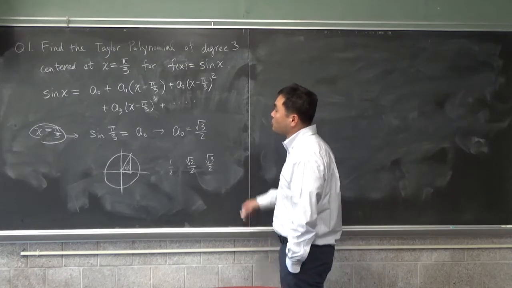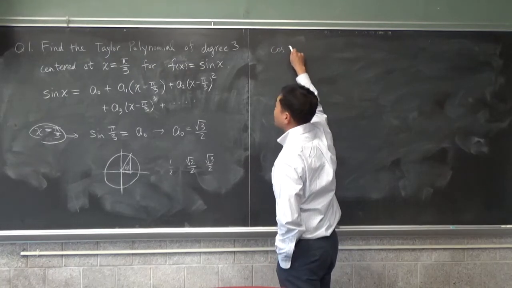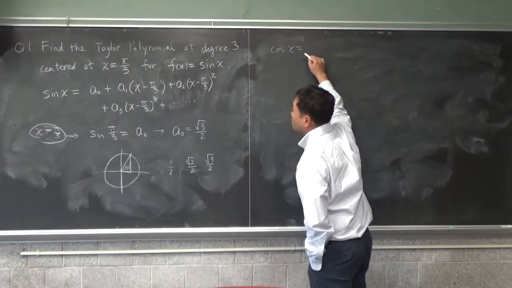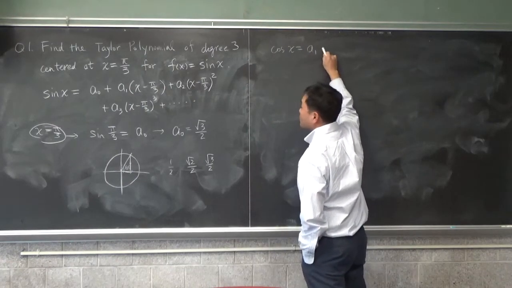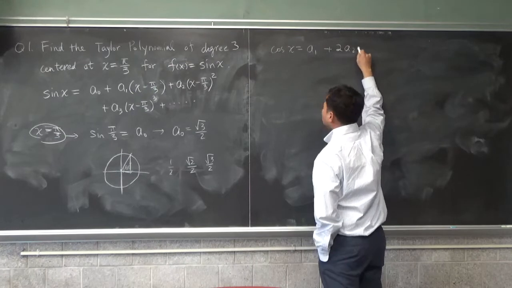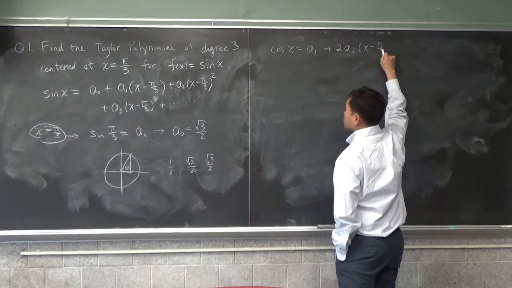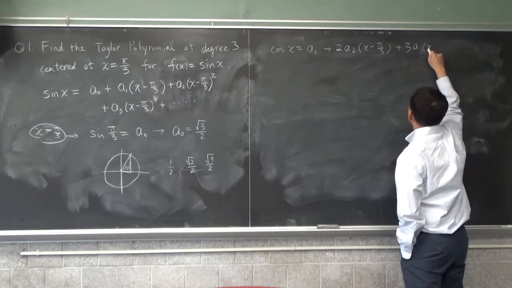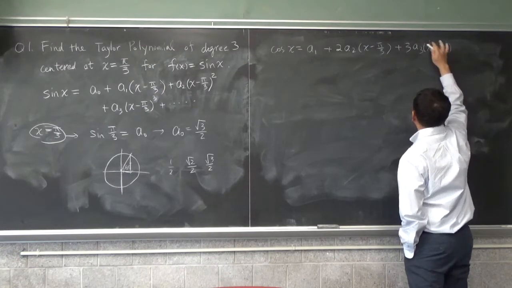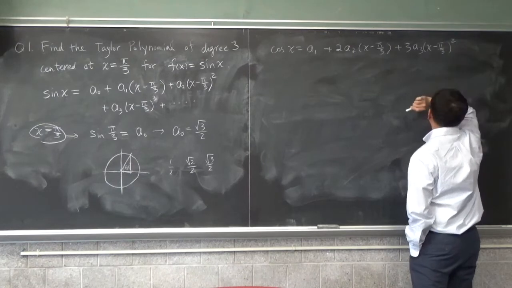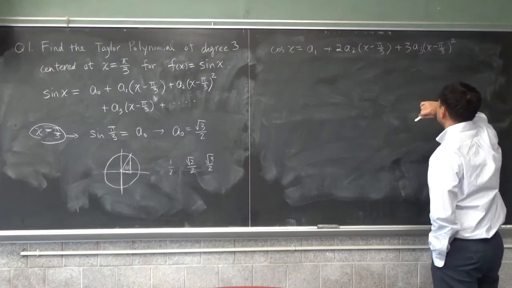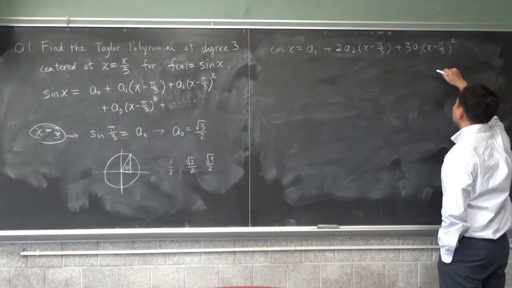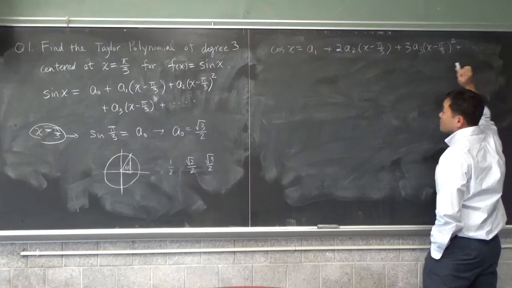Now you differentiate both sides and you get cosine of x equal to a1 plus 2a2 (x minus pi over 3) plus 3a3 (x minus pi over 3) squared, plus dot dot dot.